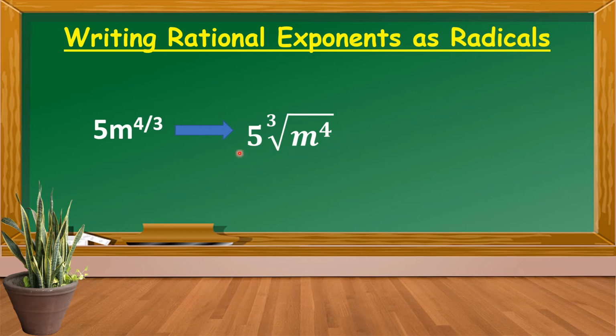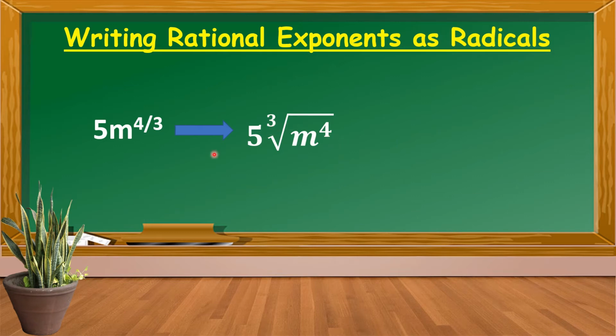Why is 5 not included in the radical? Because from our exponential form, only m has a rational exponent. So, only m is converted into a radical. We just copy 5 as our coefficient, and the denominator of the exponent of m is 3, so 3 becomes the index.